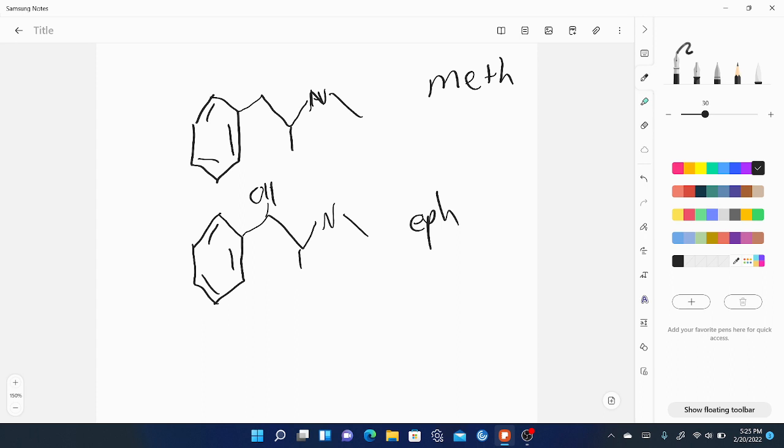So very similar to here, but the structure-activity relationship is that it has a hydroxyl here, which increases direct receptor activation. And when you do this, you decrease its ability to act as reuptake inhibitor and as a releasing compound.